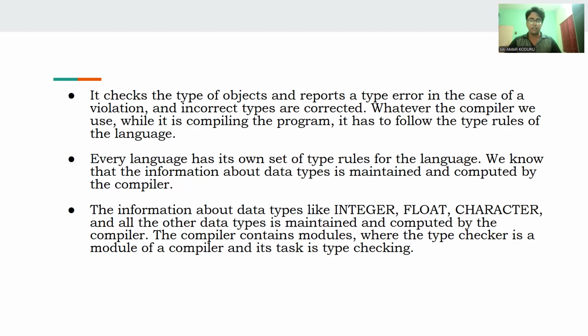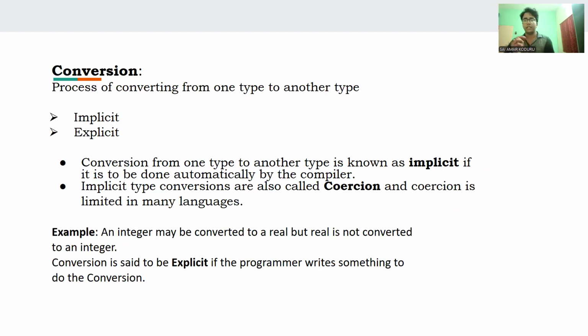Now, to understand this, let's go through some conversions. Conversion is the process of converting from one type to another type. There are basically two types in major programming languages, implicit and explicit.